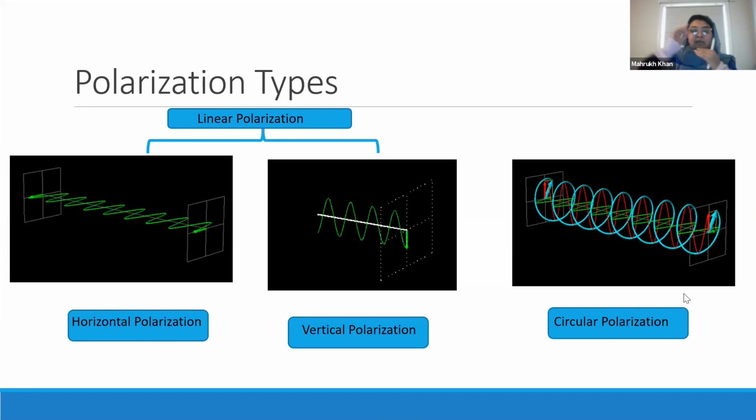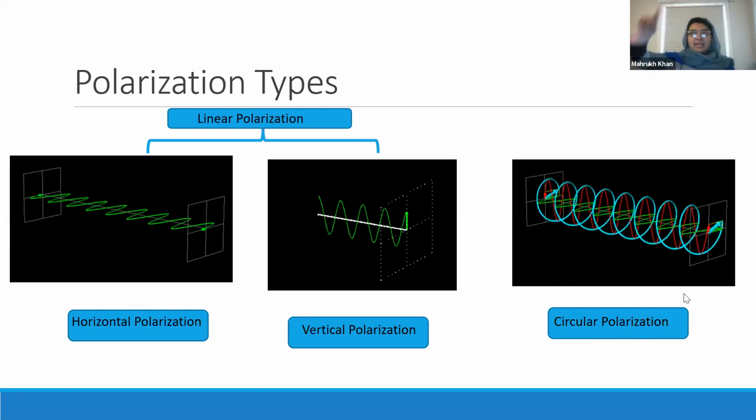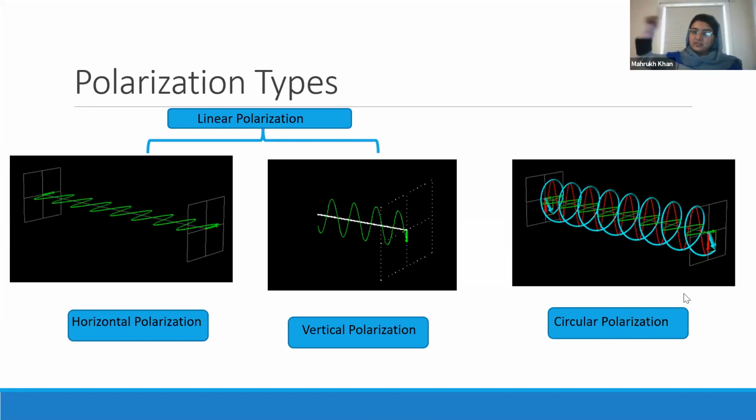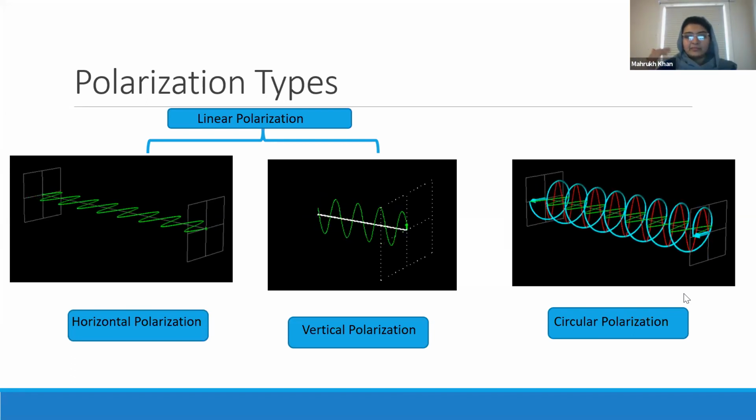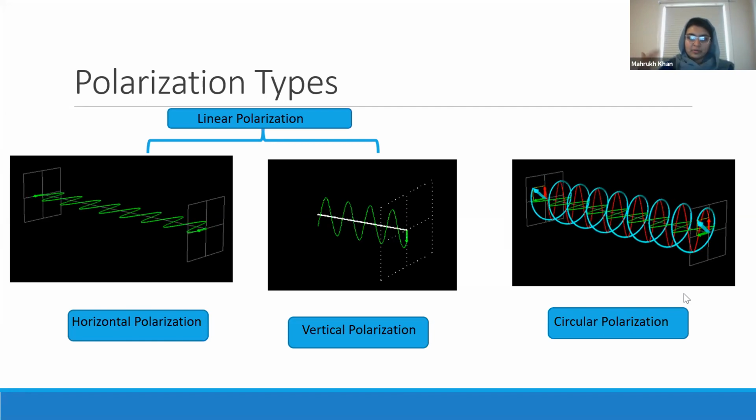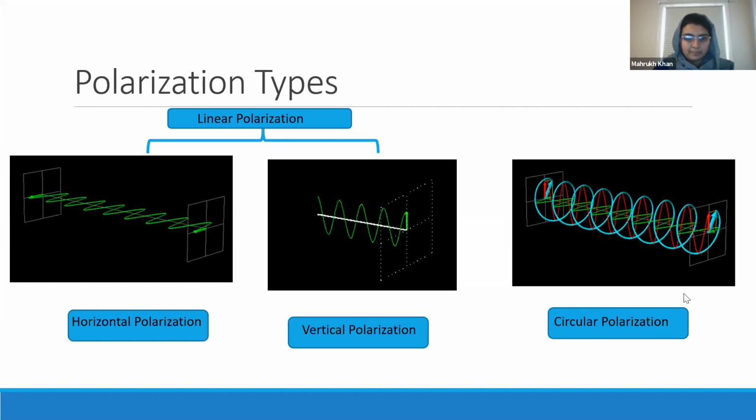In that case, your phase rotates as it transmits. We will talk about its mathematics in detail, but I'm just giving the picture of how circular polarization works.